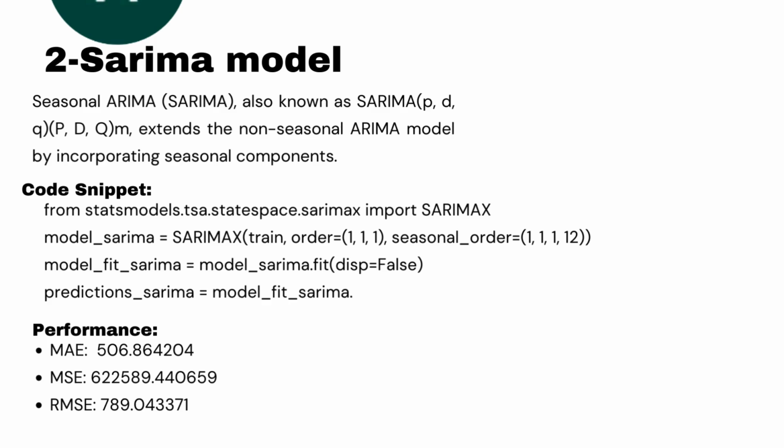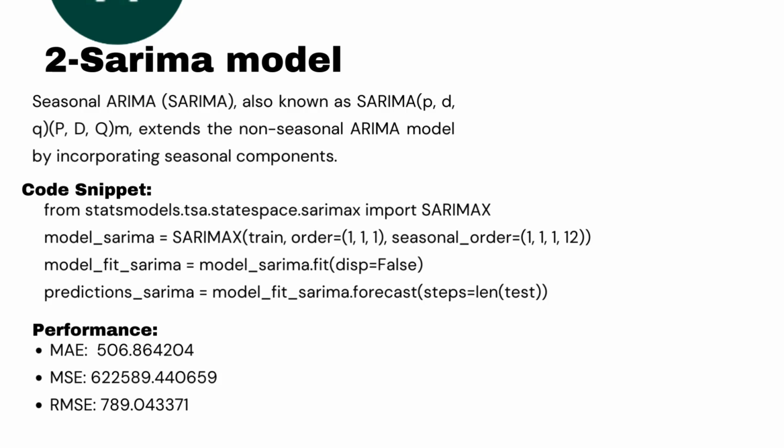Seasonal components: SARIMA introduces seasonal components to account for patterns that repeat over specific time intervals, like daily, monthly, yearly. So the components include seasonal autoregressive terms denoted by P. They capture the relationship between the current value and the past value at seasonal lags.